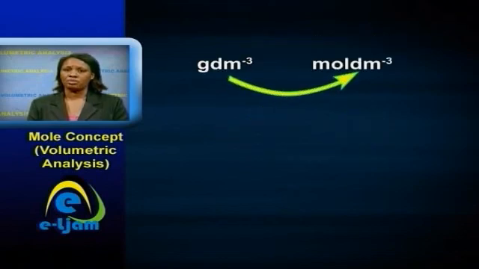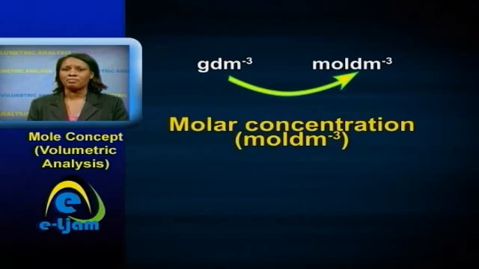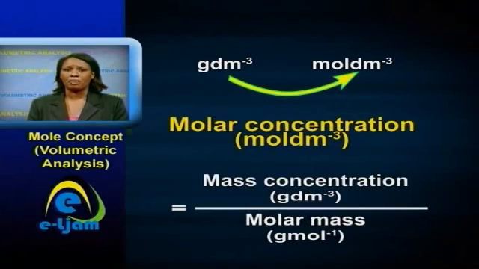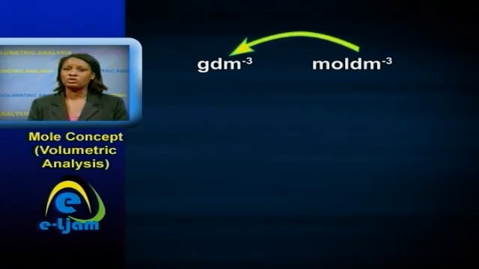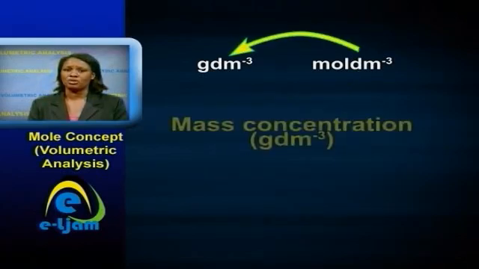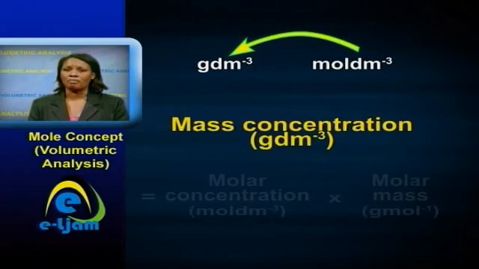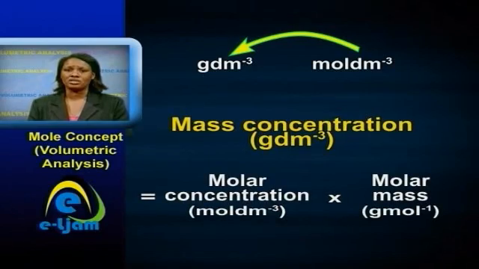Hence, to convert from grams per dm cubed to mole per dm cubed, simply divide by the molar mass of the compound in question. And to convert from moles per dm cubed to grams per dm cubed, multiply by the molar mass of the compound in question.